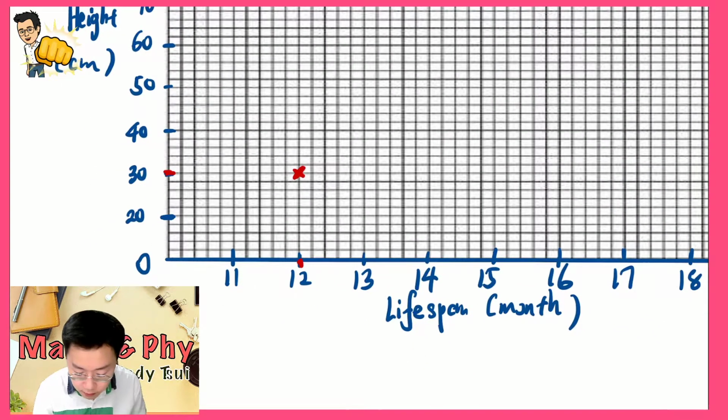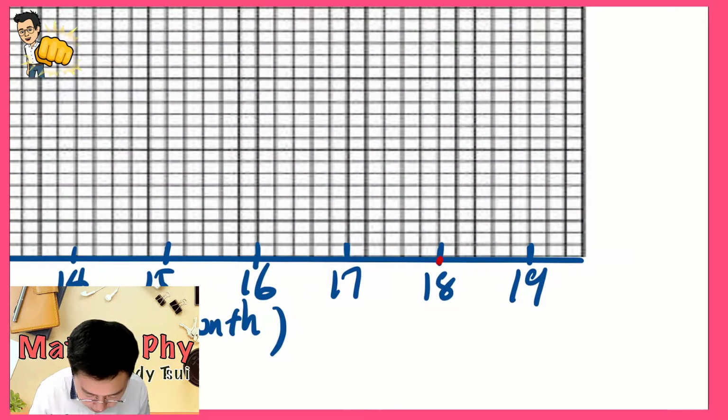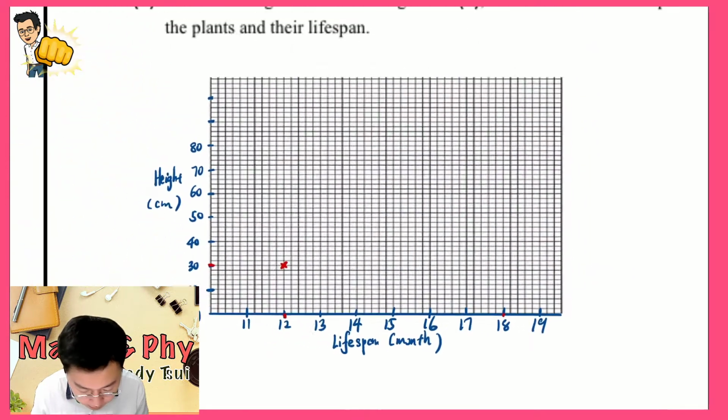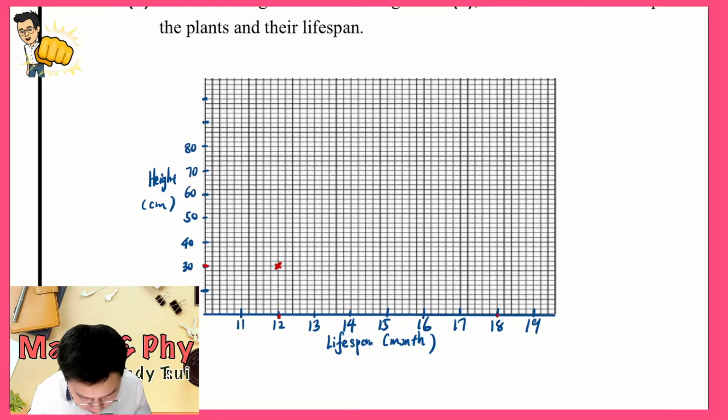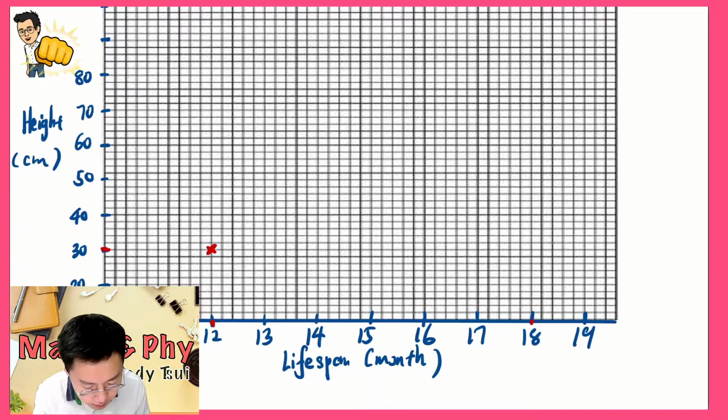All right, so for the next plan, it should be 18, and its corresponding height is 55. So we find 18. 18 is here, and then it's 55, because 55 is at the middle of 50 and 60.